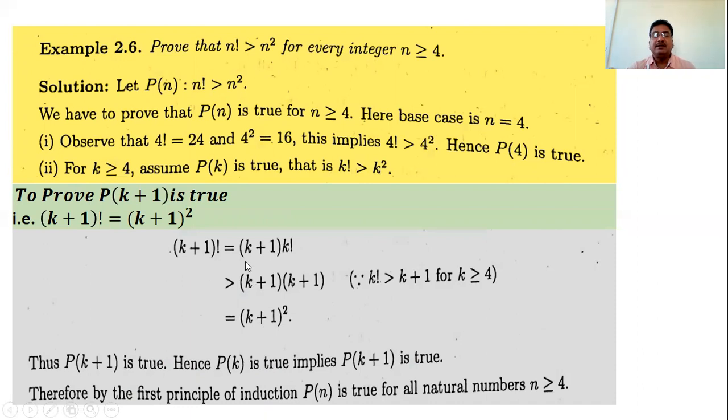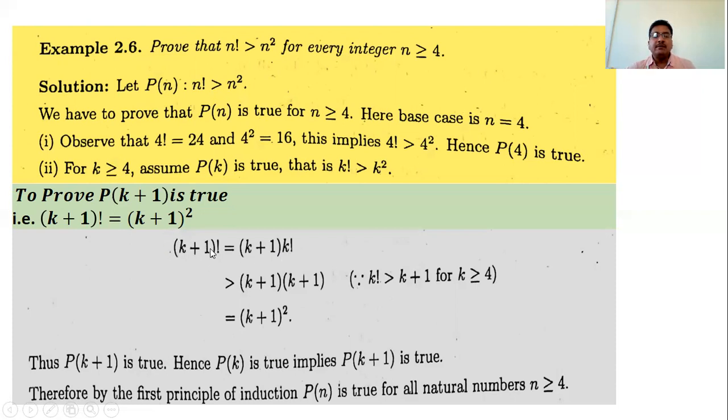That is, we can write 10 into 9 factorial. While the value of 100 factorial you can write as 100 into 99 factorial, like that. So k plus 1 factorial can be written in the form k plus 1 into k factorial.